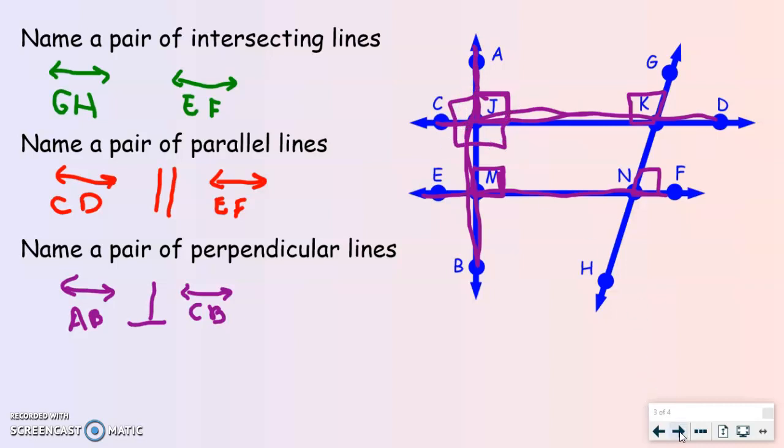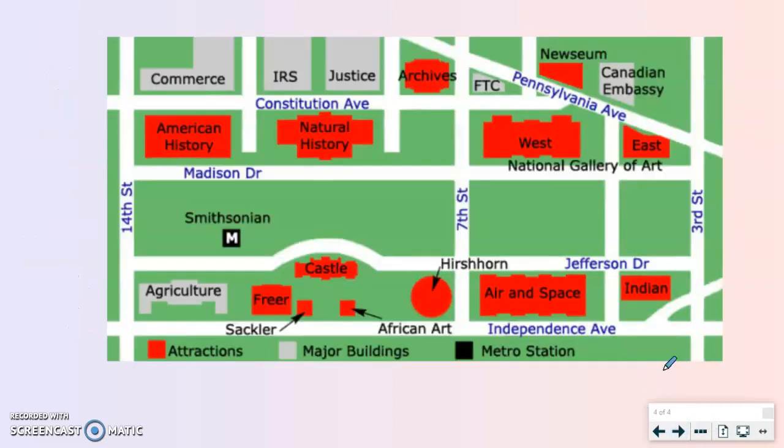Something I really like about parallel and perpendicular lines is that they actually do serve a very big purpose in the real world, especially when people are planning cities and laying out plans. Using intersecting, parallel and perpendicular lines plays a huge part of that.